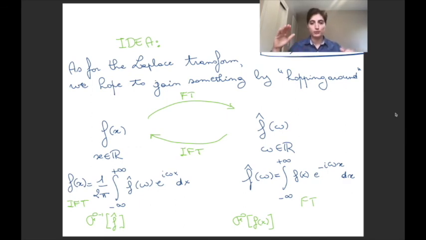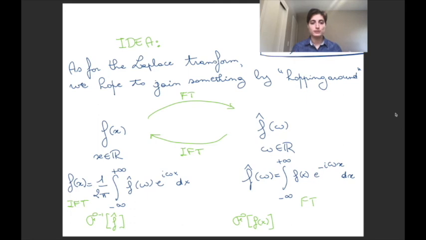This is a slide with all the formulas. In both cases, both when we're looking at f(x) and when we're looking at f hat, the domain of the unknown is the whole real line. So x spans the whole real line and omega spans the whole real line.